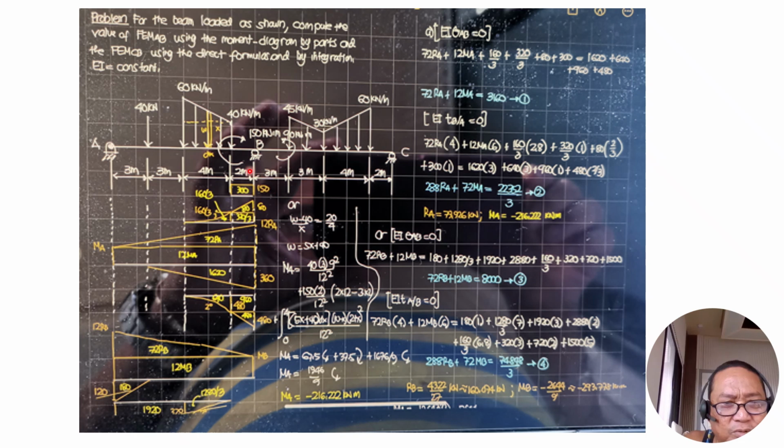B is 2, distance from the other end, 2, divided by L square divided by 12 square times quantity 2L minus 3B. So 2 times 12 minus 3 times 2. If this is positive, then it is clockwise. Take note that this moment due to the load should be counterclockwise at the left, A. So if this is positive, I think this is positive, so it is clockwise.